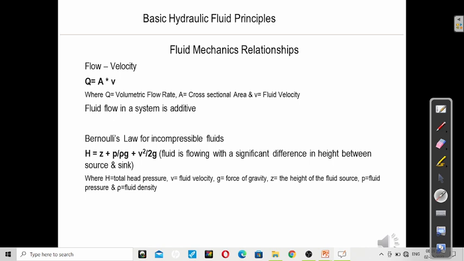P is the fluid pressure and rho is the fluid density. These are the fluid mechanics relationships.